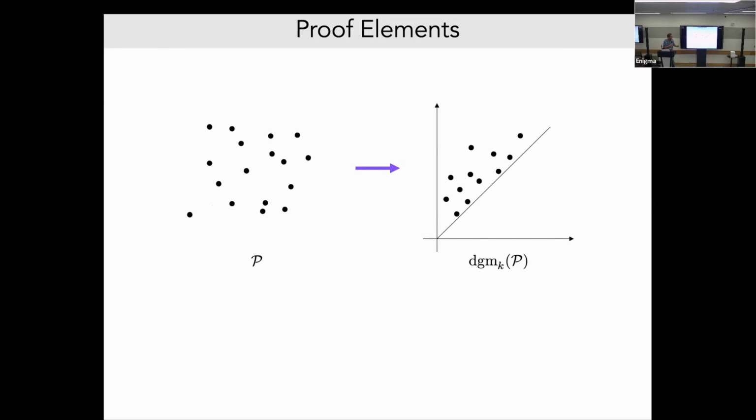Okay, so just in one slide, just to give you an idea of where this phenomenon is coming from. There are two key things that are related to this pipeline. So we have a point cloud. We generate the diagram.